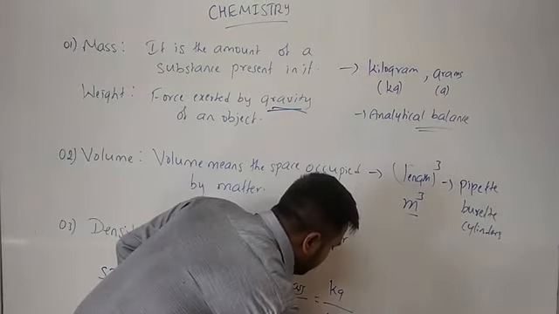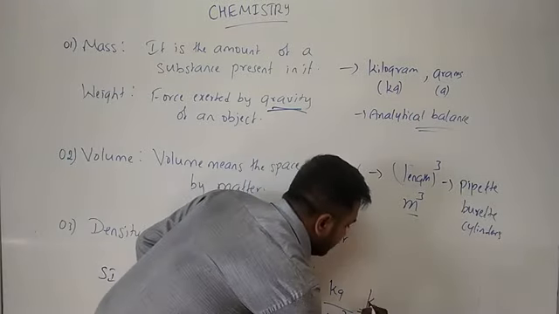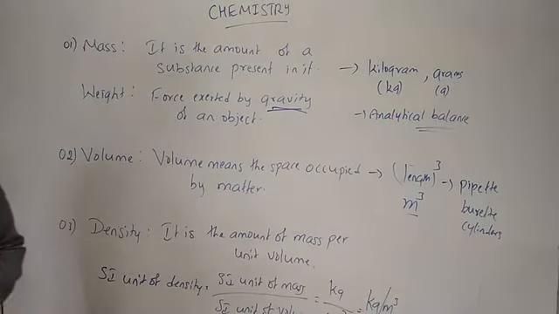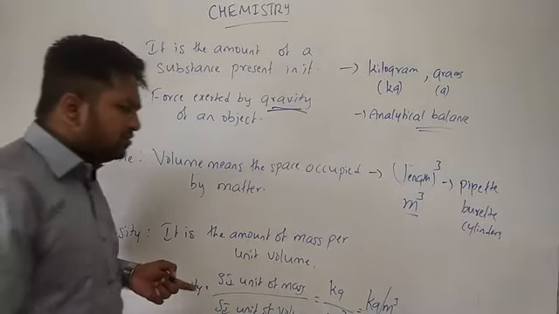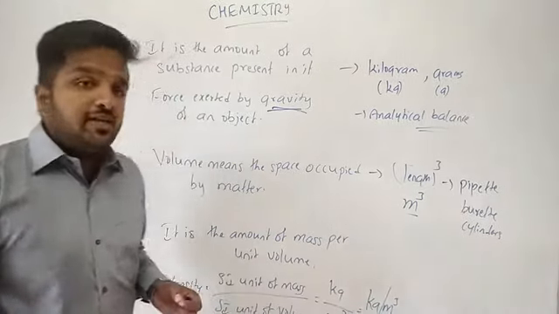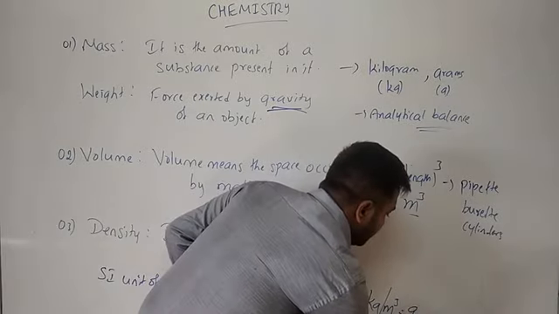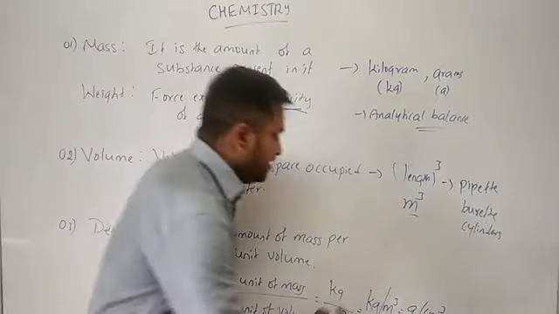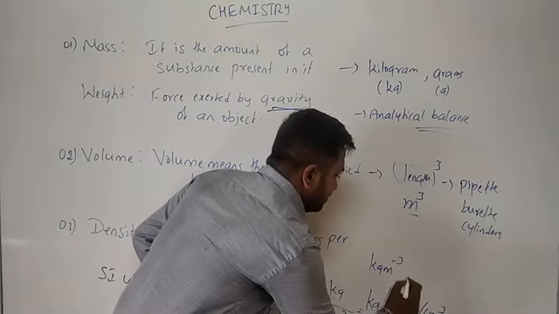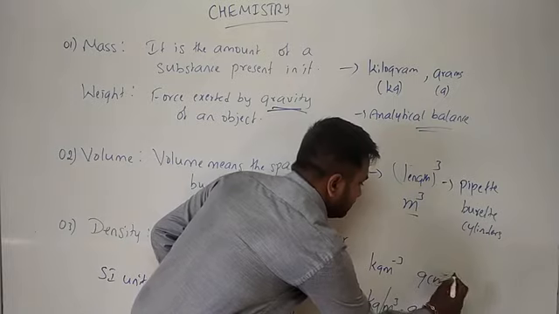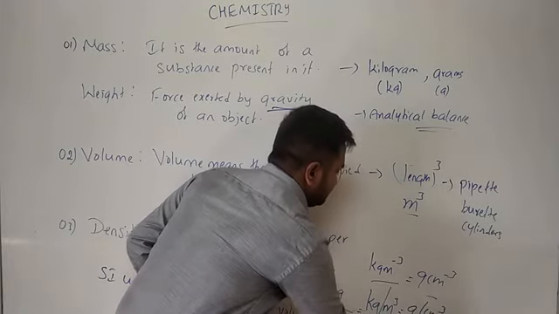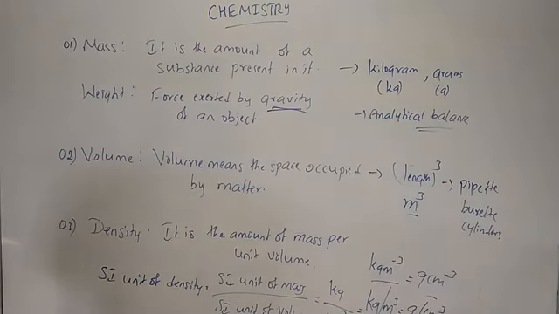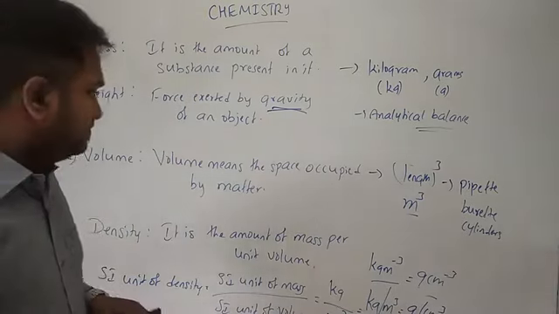It is meter cube. So kg per meter cube is the SI unit of density, but generally we will not use kg and meter. We will take gram per cm cube. Both are right, no problem. Clear? So this is regarding mass, volume and density.